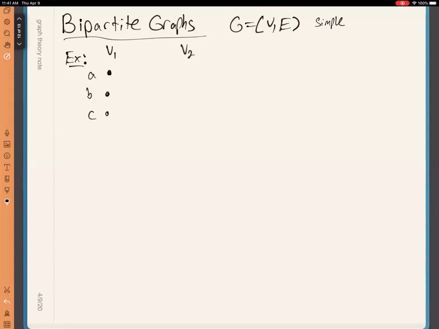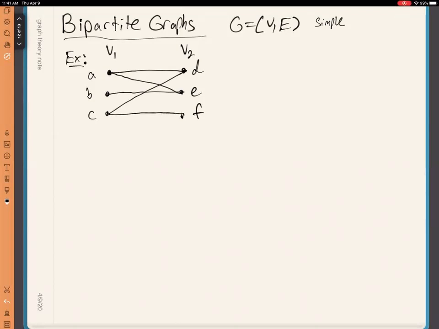And then maybe I also have some other subset of V, which I'll call V2, of say D, E, and F. And so a graph is bipartite if, well, there can be edges connecting vertices from V1 to V2, right? So maybe A is connected to D and E, B is connected to E, C is connected to D and F.